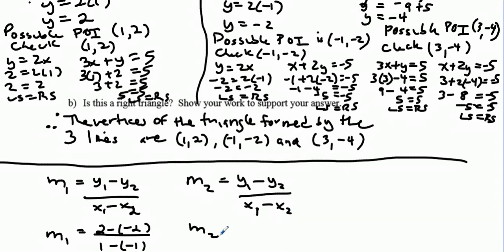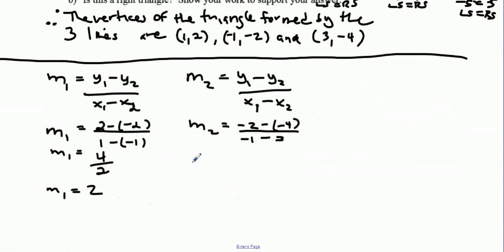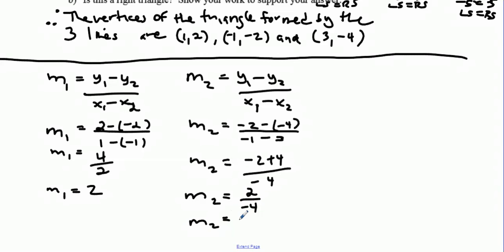So y1, let's start with -2 minus -4 all over -1 minus 3. So that's -2 plus 4. That's a 2. And -1 minus 3 is -4. So the slope of that line is 2 over -4, which reduces down to -1/2.